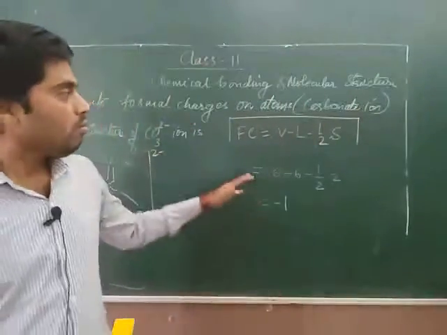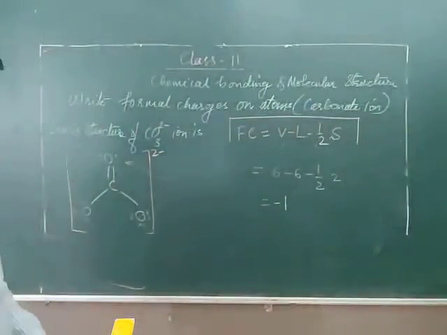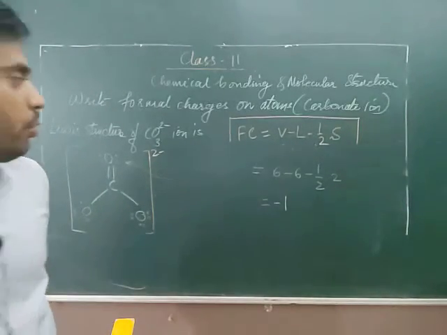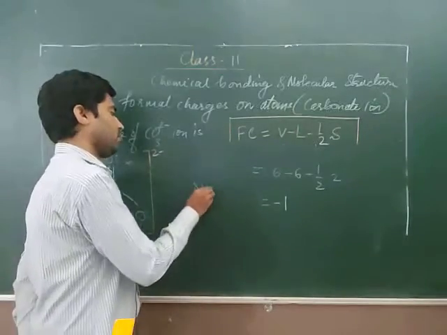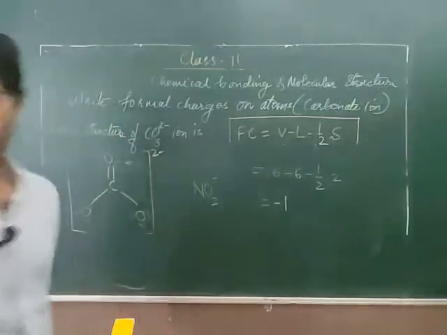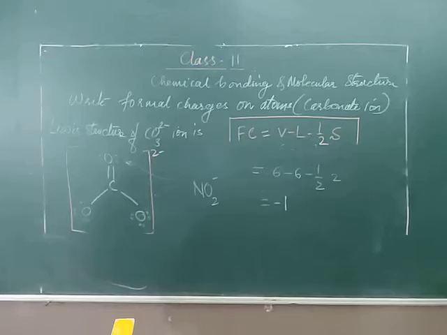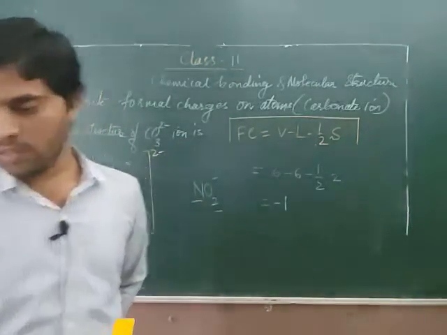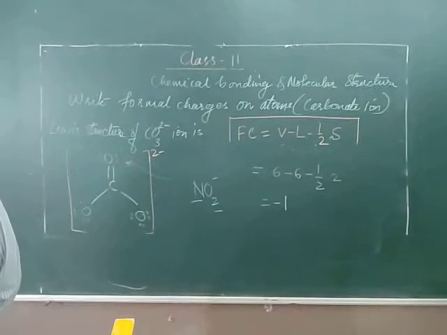So this is a very simple process. Now what is the homework? You have to calculate the formal charge in NO2 negative. Nitrogen and oxygen are both atoms, and you have to calculate the formal charge for both.